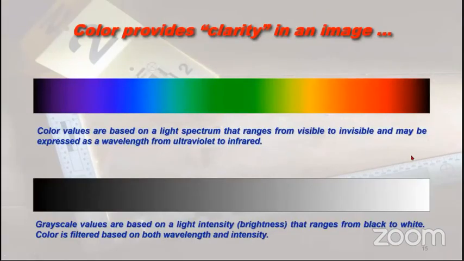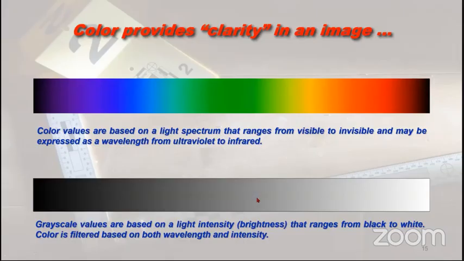Now, again, when we start talking about the dynamic range, color values are expressed based upon a light spectrum that ranges from a visible range to an invisible range. But then also we have another component, which is our grayscale value, also known as the brightness value.